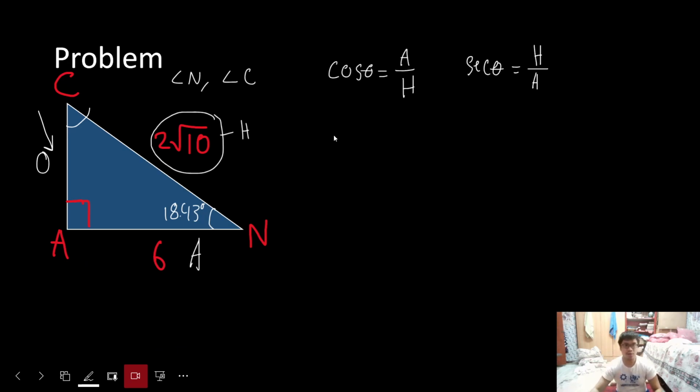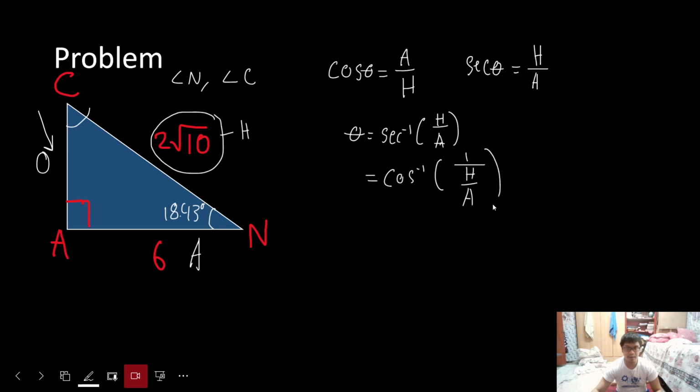So remember that arc secant of h all over a is just the same as arc cosine of 1 all over h all over a. They're just the same. So if you wish to use arc secant, use its equivalent, which is this one.